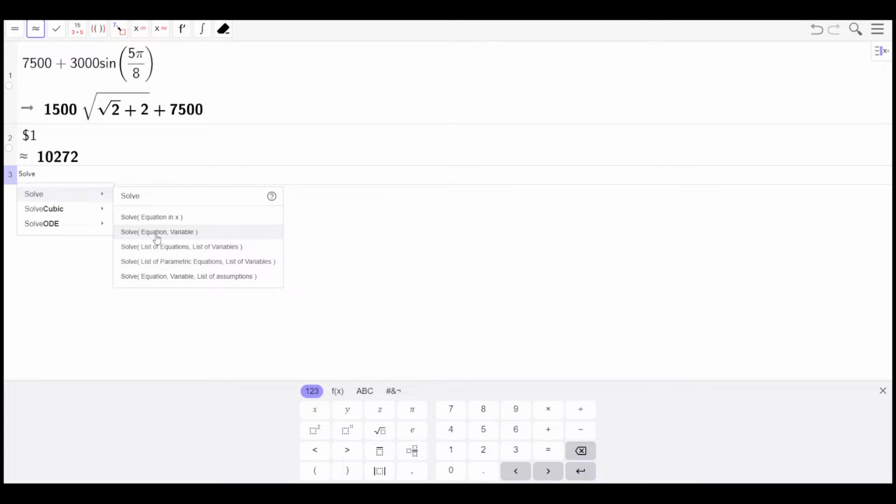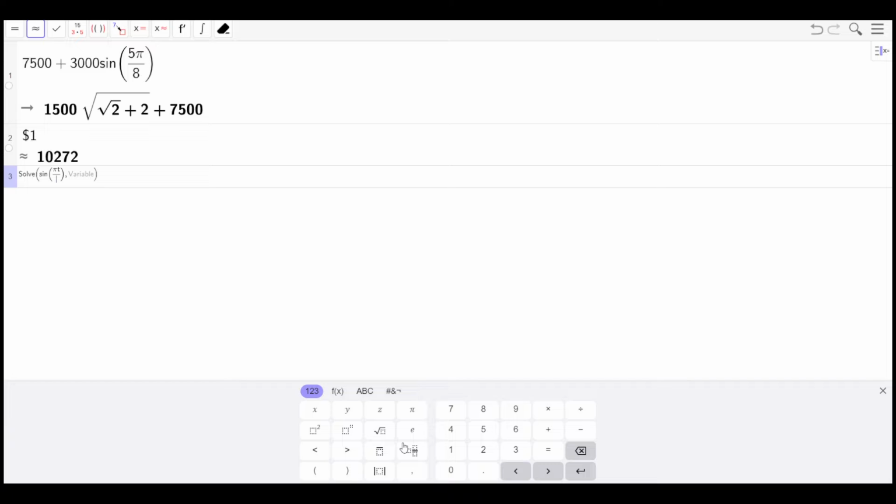I want to change my variable to t, so I choose this option. And then I type my equation: sine of pi, I use this pi, it is important, multiplied by t, divided by 8, equal to 1. My variable is t.